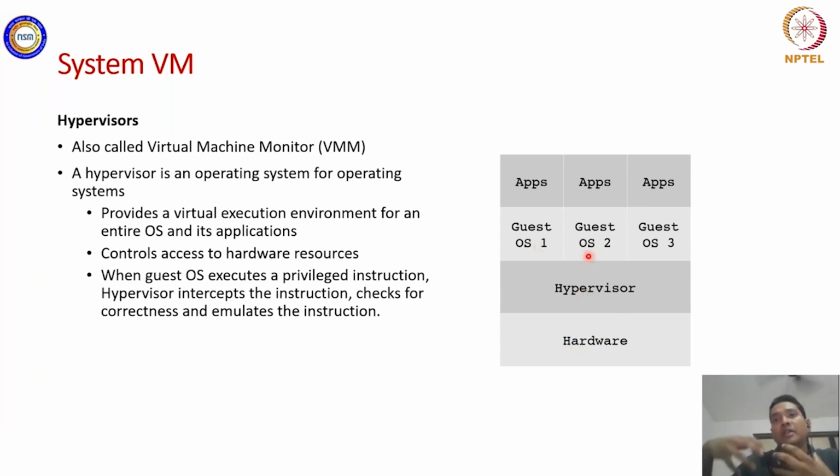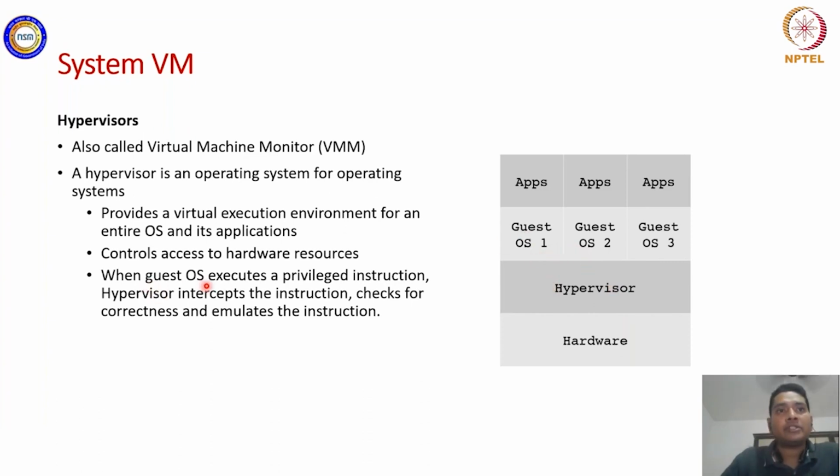So all the privileged instructions coming from different virtual machines, the hypervisor can now schedule for the underlying resources. The hypervisor is doing the same thing the operating system was supposed to do: scheduling, resource management, and allocation. Everything the hypervisor is doing is the same, but for the virtual machines on top of it.